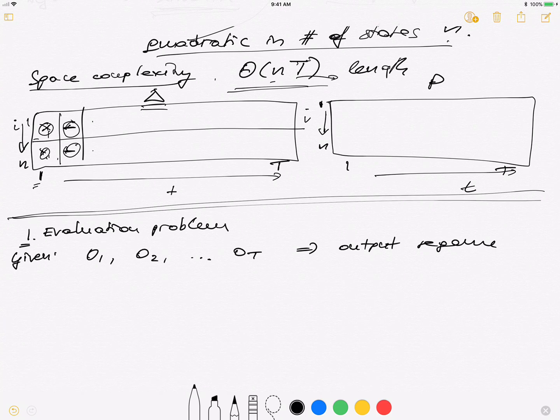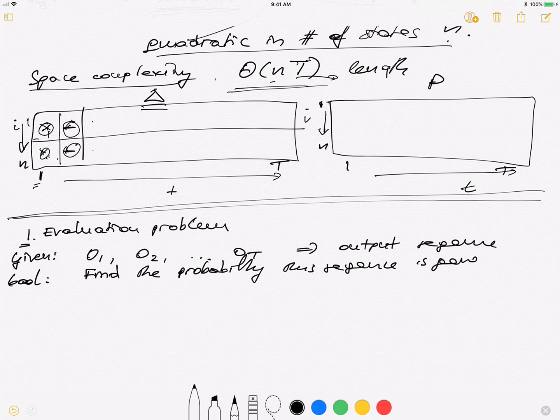So given is the output sequence. The goal is to find the probability that this sequence is generated. I won't go into details of the solution for this problem, but you could guess it's actually similar to the solution that we have already shown.